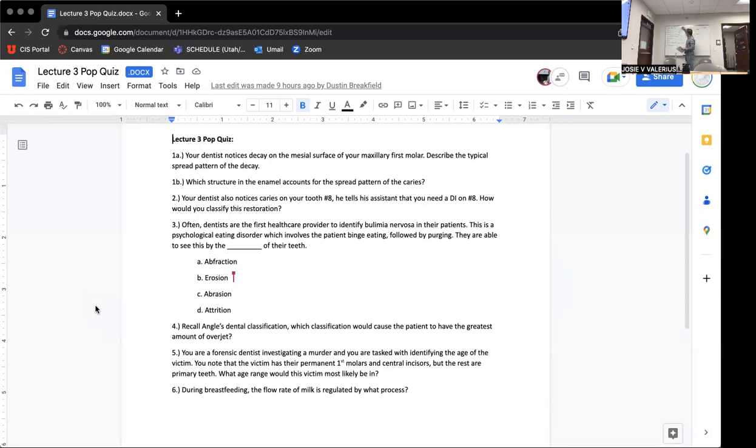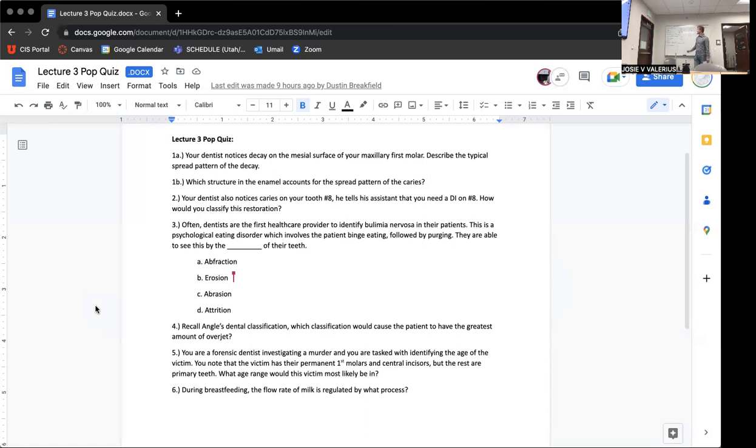So if we have a cavity starting right here in this fissure, it's going to be a regular triangle to begin with, and it'll start to spread. Does everybody know what this point right here is? This is the dentin, and this is the enamel. What is that point called where they meet?